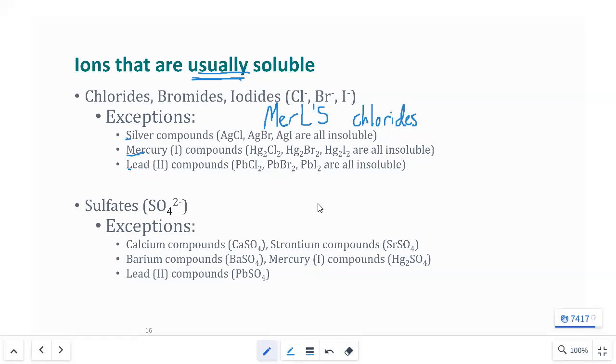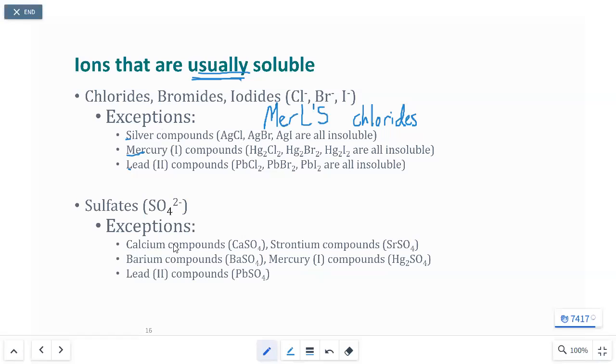The other ion that falls into this category are the sulfates. Sulfates are usually soluble in water. In fact, sulfates are one of the common vehicles next to nitrates and acetates for getting stuff, especially transition metal stuff, to dissolve in water.